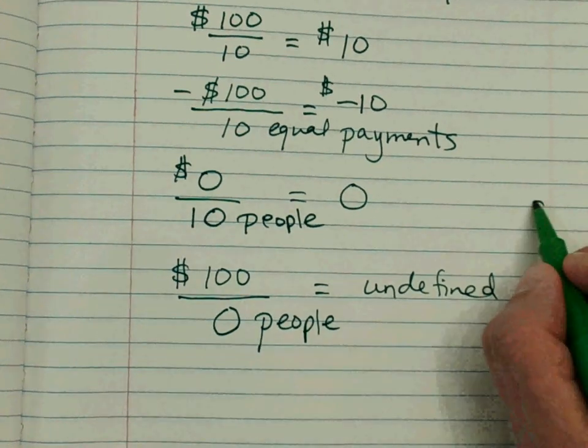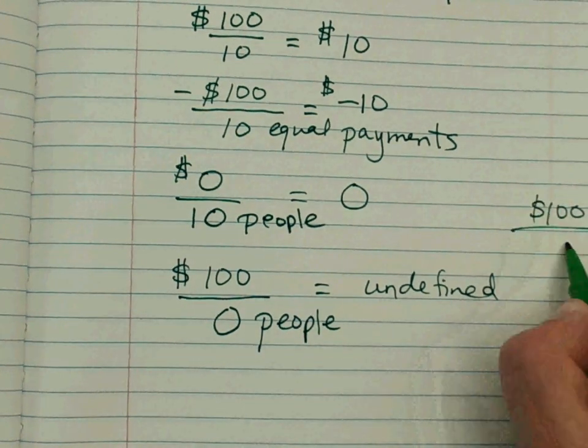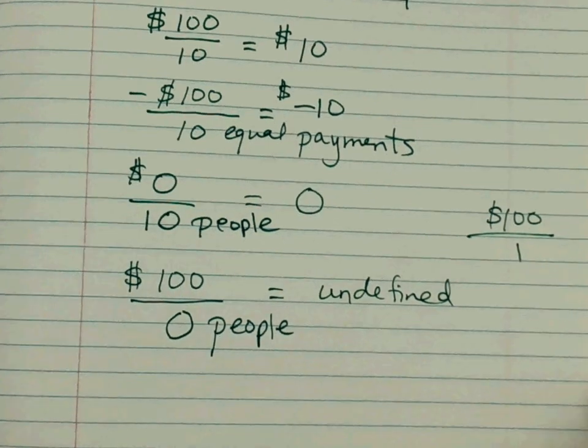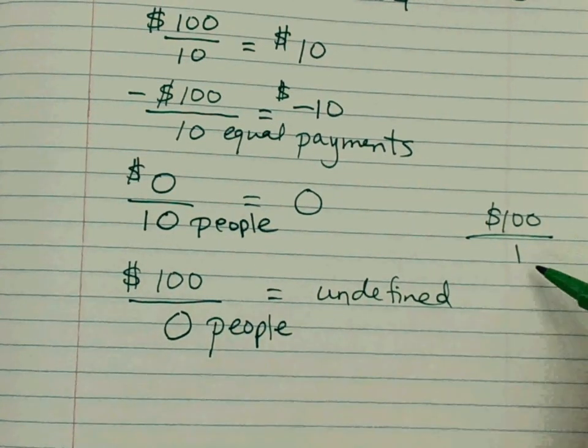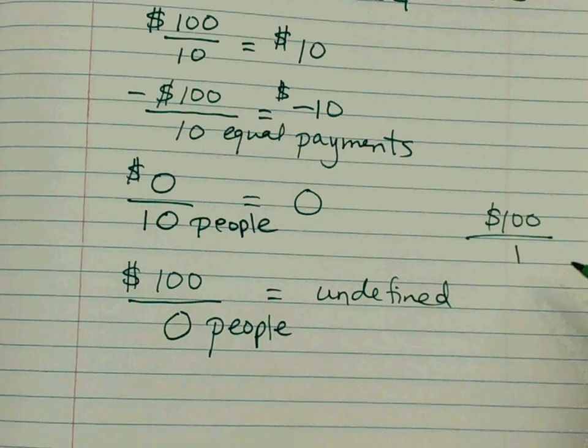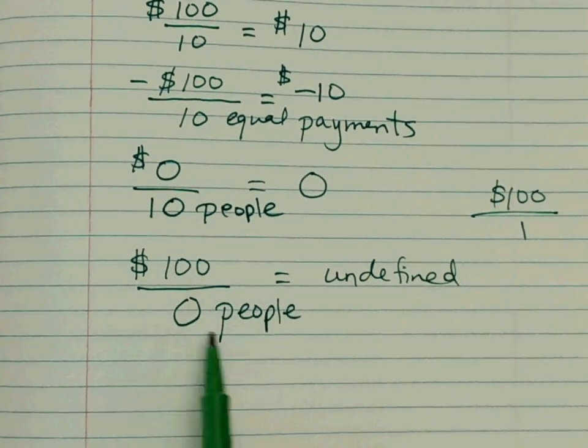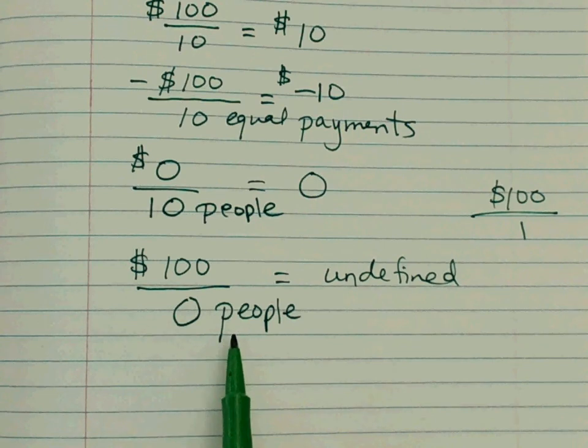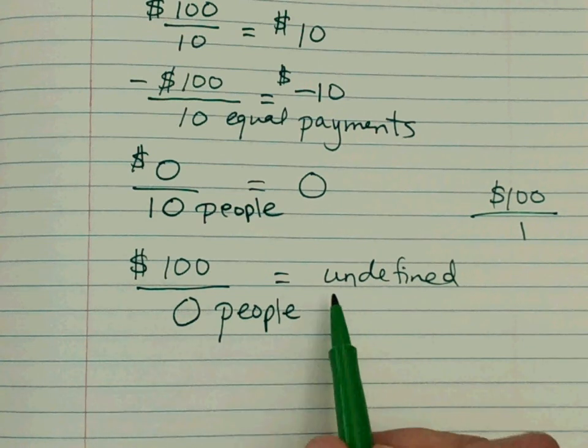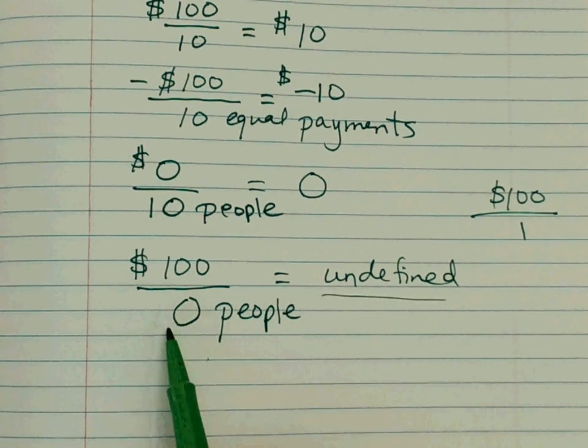And when you have $100 claimed by one person, its denominator is 1, right? Always on $100, the denominator is 1 because it's implied that someone's going to claim that money. If $100 is floating around and no one claims it, how much does each nobody get? You can't actually split up $100 no ways, 0 ways. So anytime the denominator is 0, we call that number undefined.